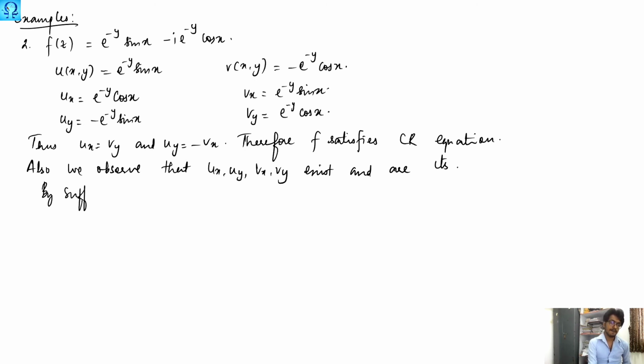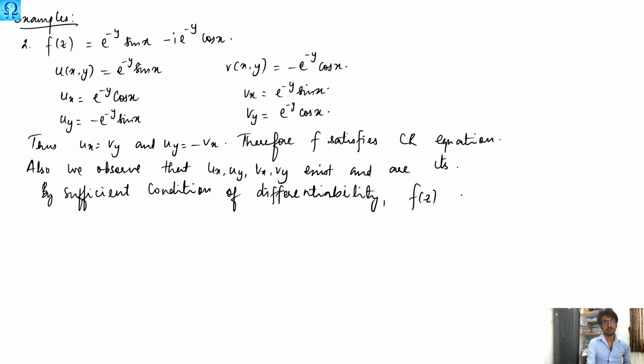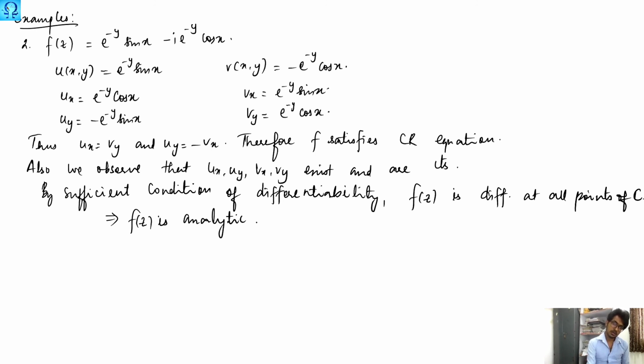By the sufficient condition of differentiability, the given function f of z is differentiable at all points of the complex plane, which implies f of z is analytic in the entire finite plane.